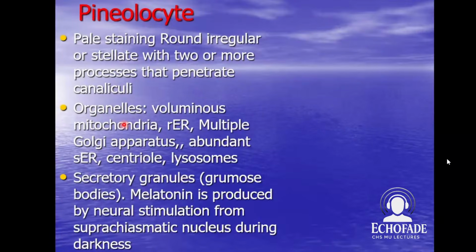The secretory granules contain melatonin, and this melatonin is produced by neural stimulation from the suprachiasmatic nucleus, which is usually referred to as the biological clock. Melatonin is produced in the darkness.